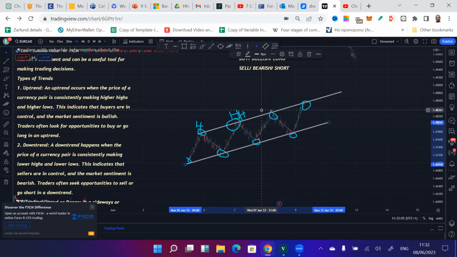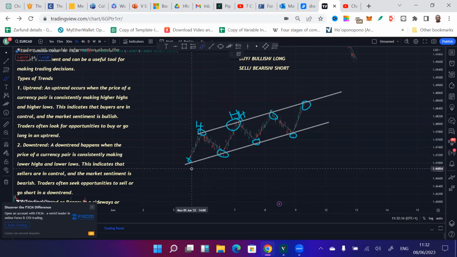And what you notice also is that these bottoms here are called lows, right? So we have a low here. L, low. So this low now is higher than this low, so we call it a higher low.